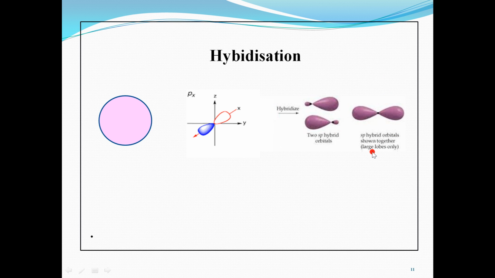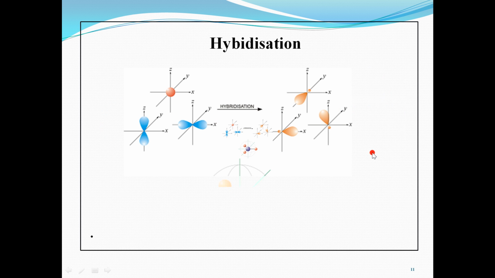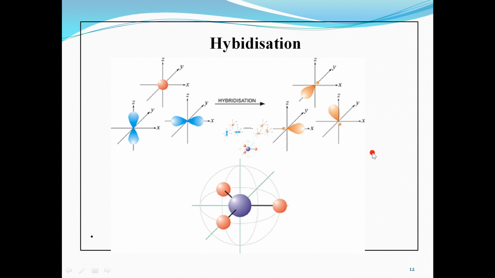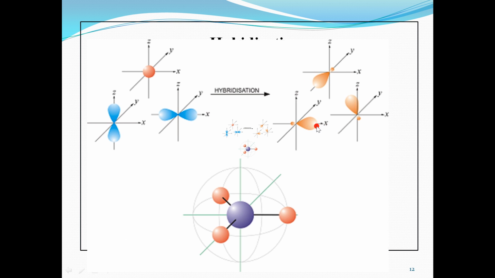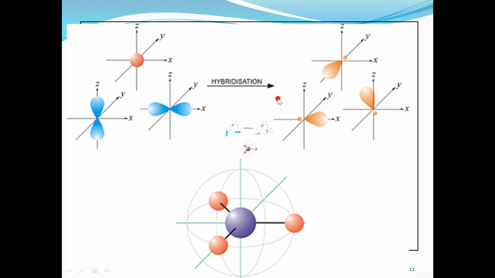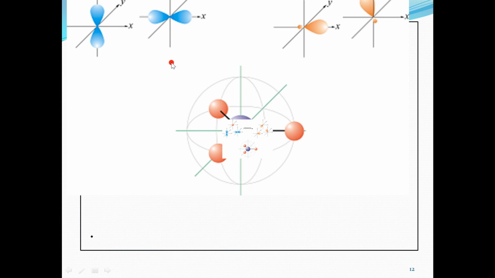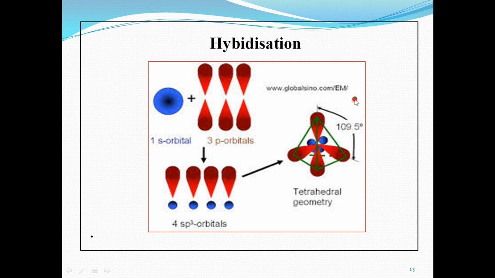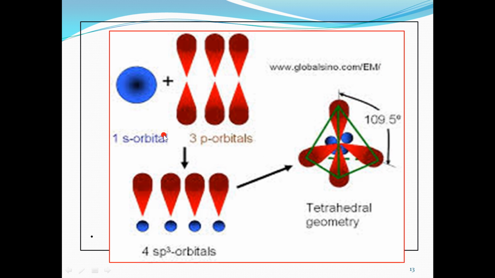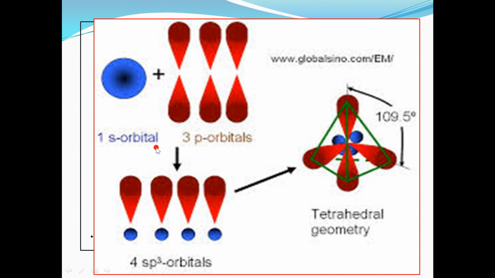And here there are large lobes, which we can show over here. For sp2 type of hybridization, there are certain orbitals used for the hybridization purpose. So the s orbital, spherical in shape, and the pz and px orbitals are used; they overlap with each other and hybridization is possible.